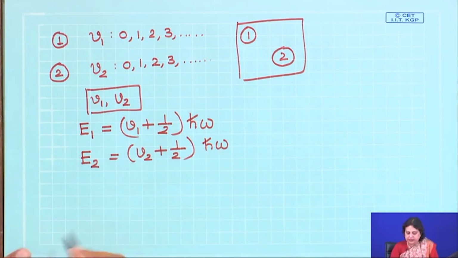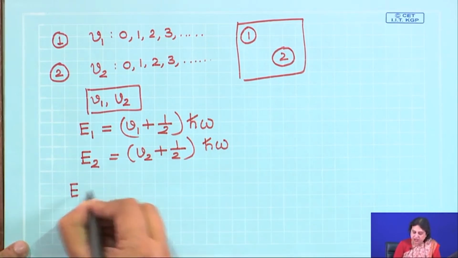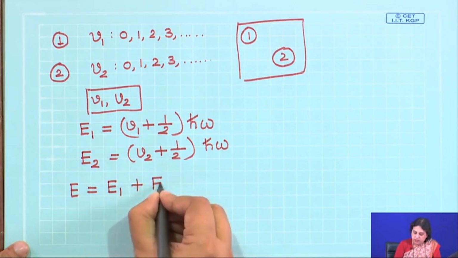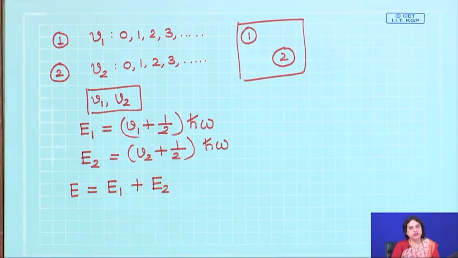And now, in the composite system the total energy E is nothing but E1 plus E2, because they are not interacting with each other.